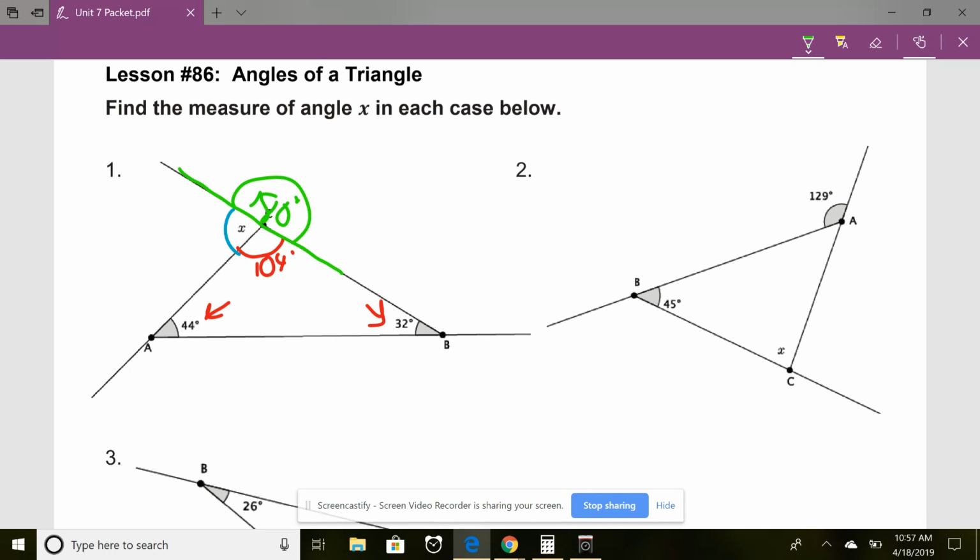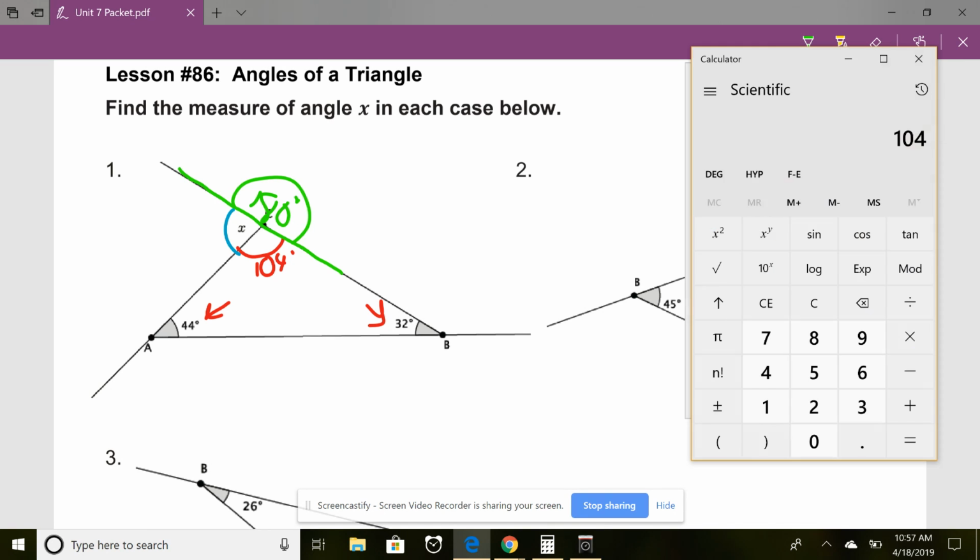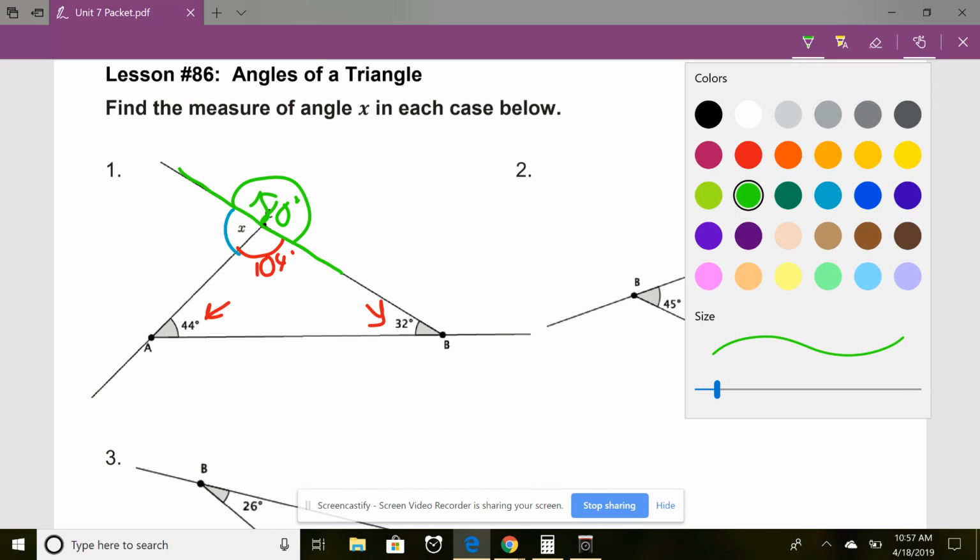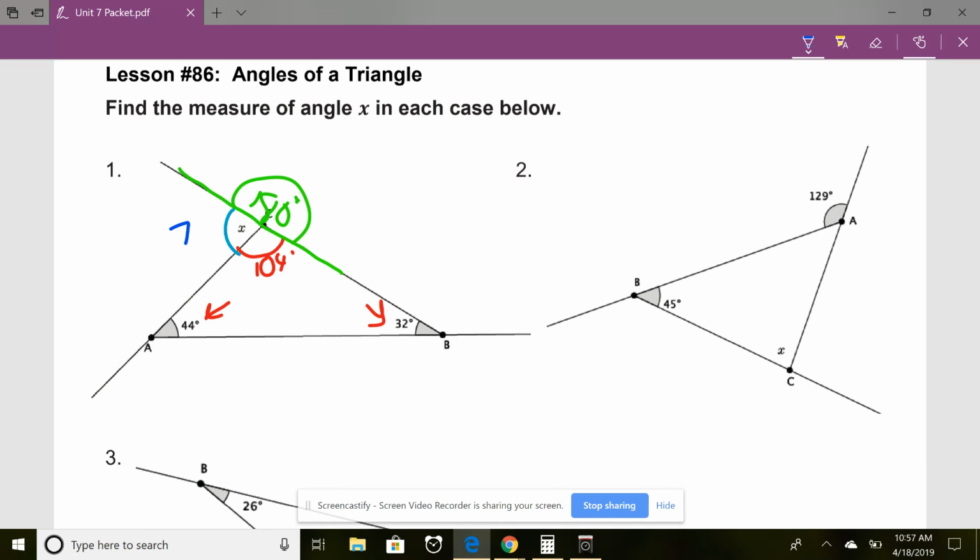So 180 minus 104, cutting out the 104-degree angle, and you get 76. So this angle right here is 76 degrees.